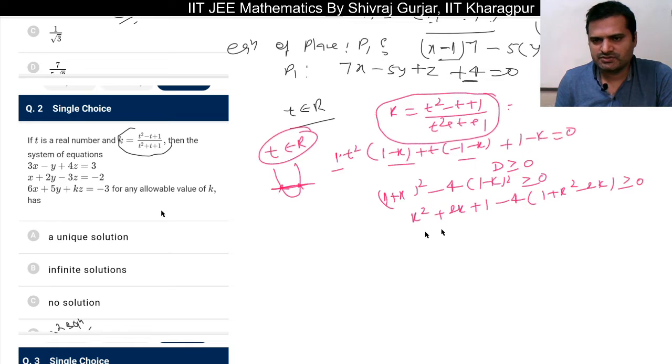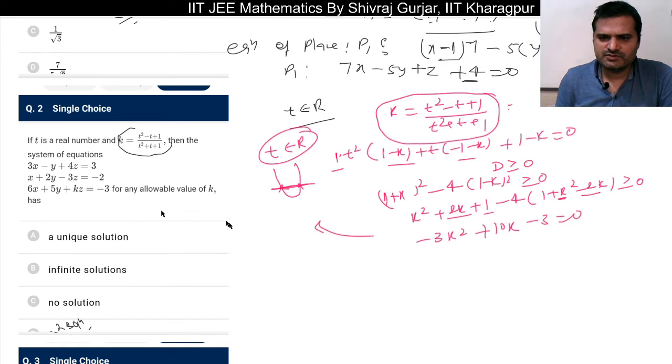From here k square minus 4k square is minus 3k square, 2k plus 8k is 10k, and 1 minus 4 is minus 3. So we have here minus 3k square plus 10k minus 3 greater than or equal to 0.